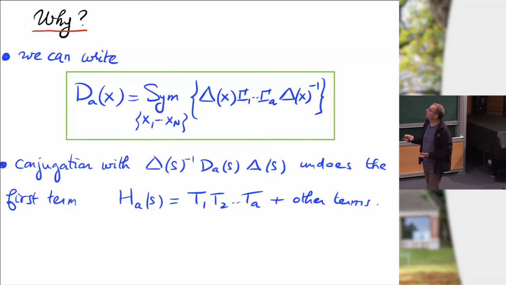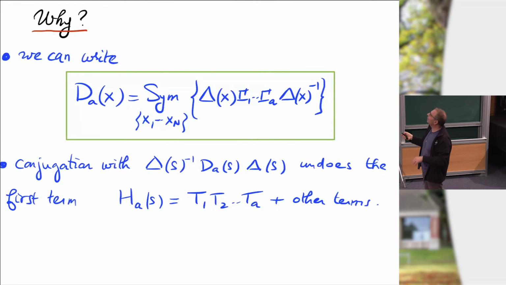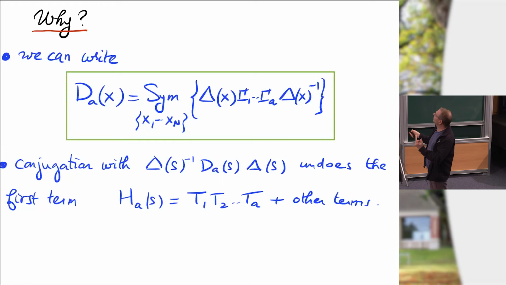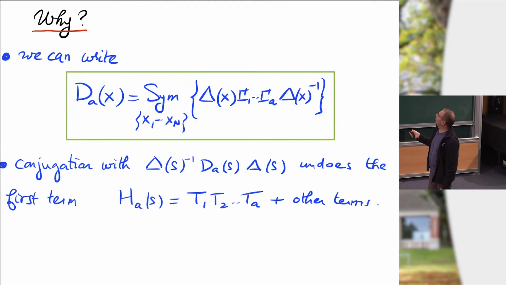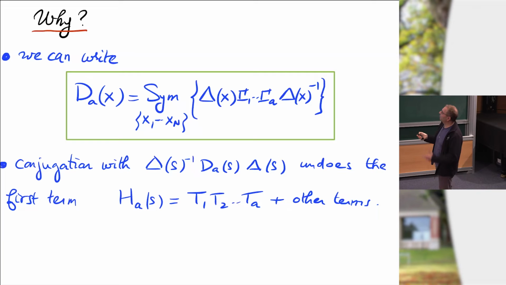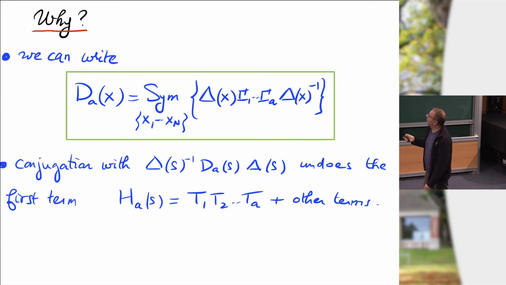So there's a very interesting way now of rewriting the operator dA as just the conjugation now instead of delta inverse, because you have to go back somehow, of the product of shift operators here, and then symmetrizing over x1 up to xn. So it's a very nice and compact expression for the Macdonald operators.